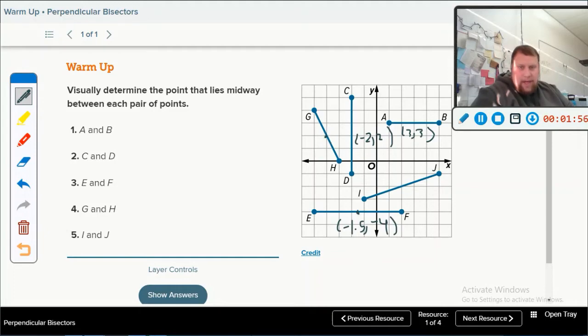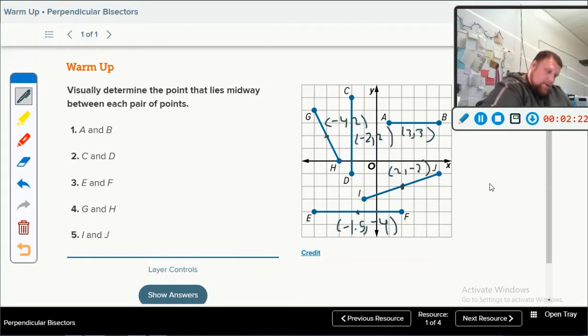GH, we see that halfway right about here, which is going to be -4, +2. And last but not least, IJ, see that halfway point just visually looks to be right there, which is +2, -2.